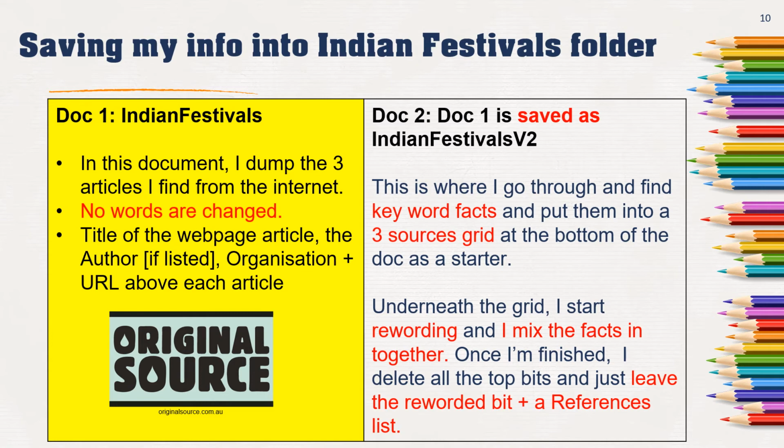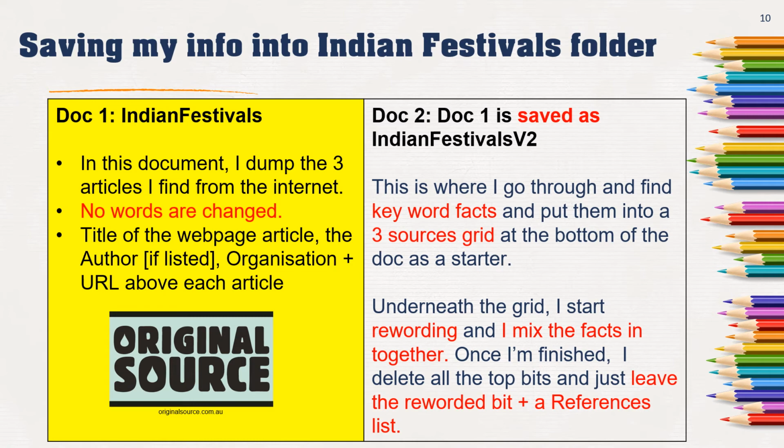So it's a 3 sources grid, and I've put keyword facts into the 3 columns. Don't repeat them. So if there are same facts, then they just are in column 1, and it's extra facts that go into the next 2 columns. I don't repeat the same facts. So now I've got my 3 sources grid.